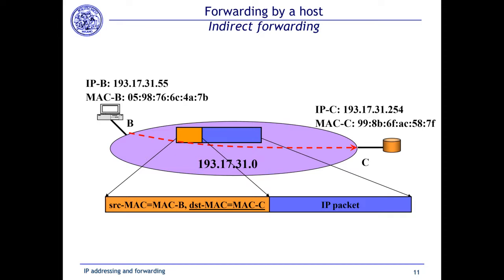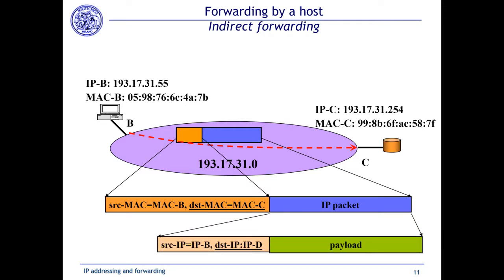What do you find inside the packet? Again, you find the IP packet. Source address is the IP address of B. Destination address is not the address of the interface of C, but the address of the final destination, so the IP address of D. Okay.